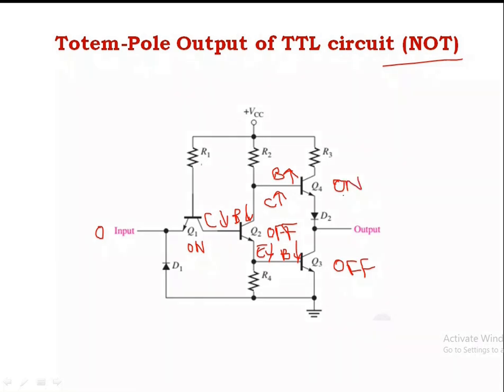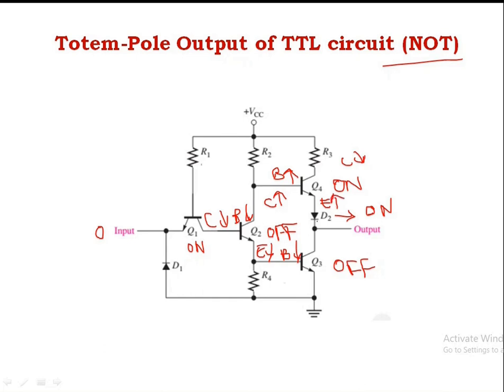Once it is on, you can see that the diode conducts. So the diode is on, which means the collector here is low and the emitter will be high.